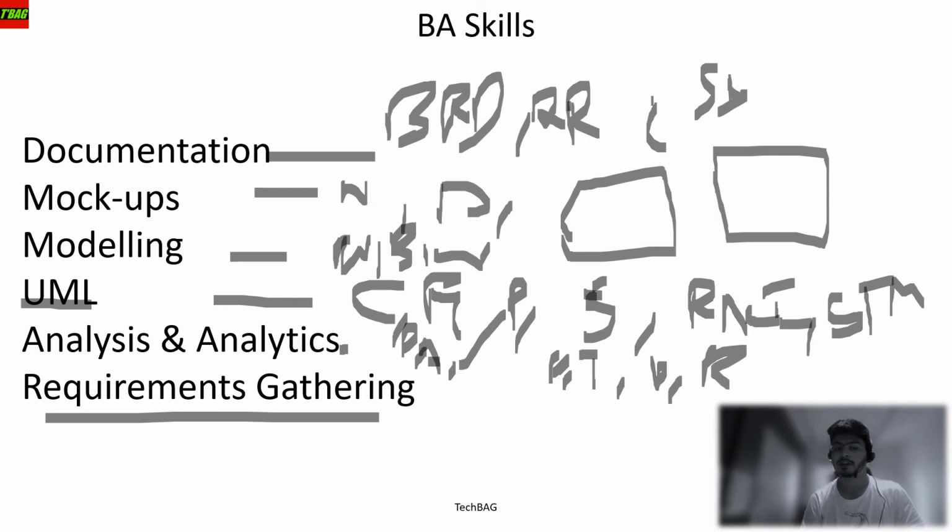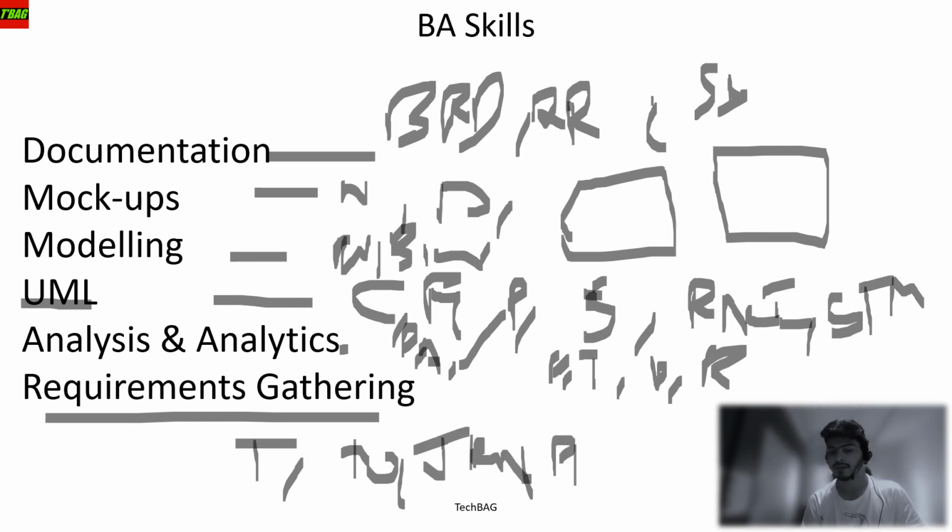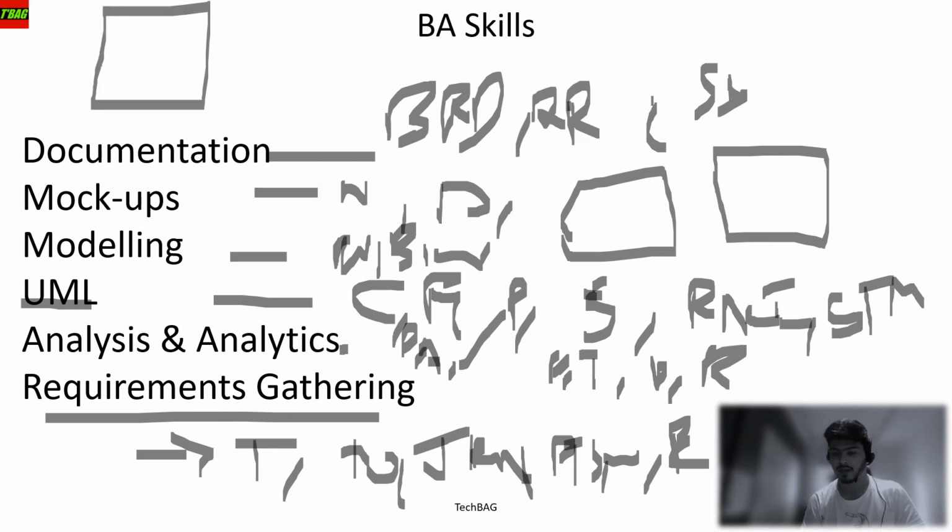For requirement gathering, you use tools like Jira to store requirement data, and PPTs, Word, and Excel files to store the requirements. I will be going deep into all these requirements, BA skills, and any other skills in a very detailed manner, and that will help you understand more clearly.